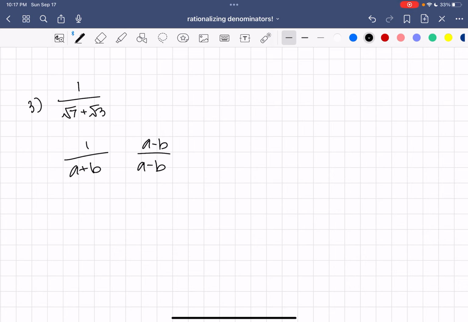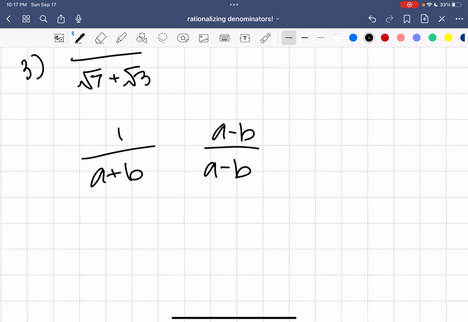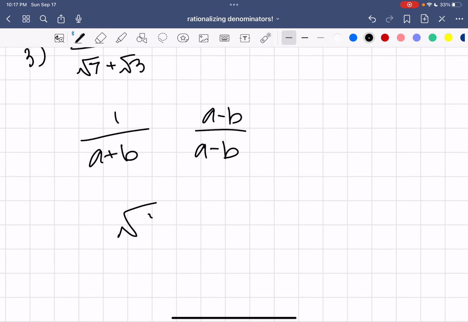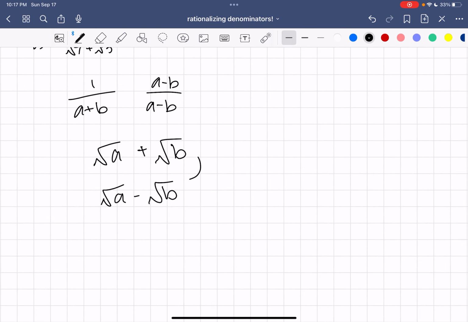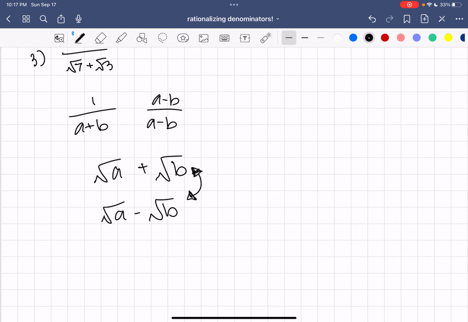Wait, no, I'm not. Yeah, okay. So if you have A plus the square root of B, then the conjugate would be A minus the square root of B. And the other way around.